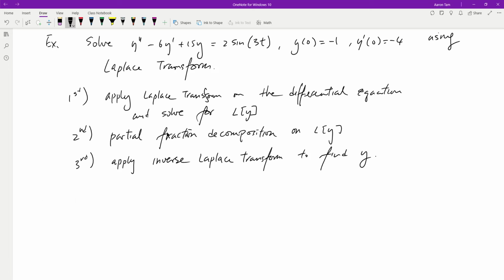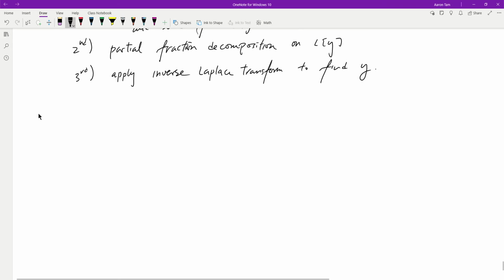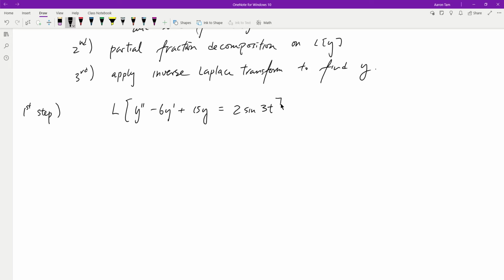So here we go. Let's start with our first step. Step 1 is to apply Laplace transform to this equation. So I'm going to take my equation, and actually I'm going to leave out the initial conditions for now. I'm just going to do my Laplace transform.